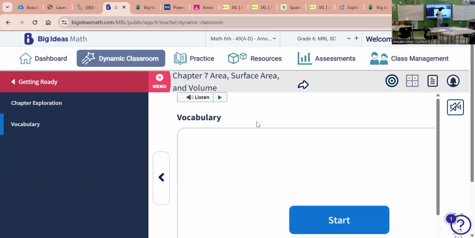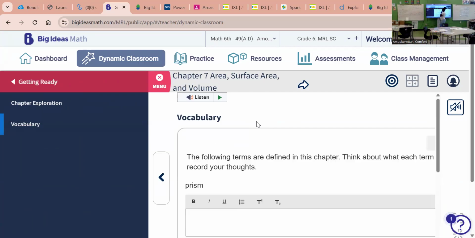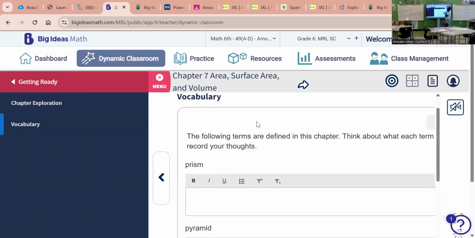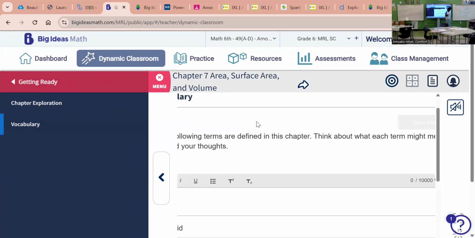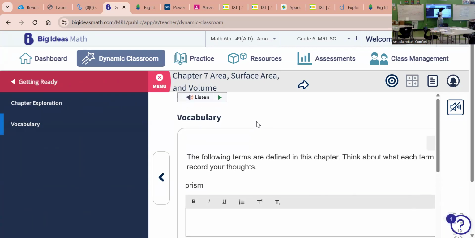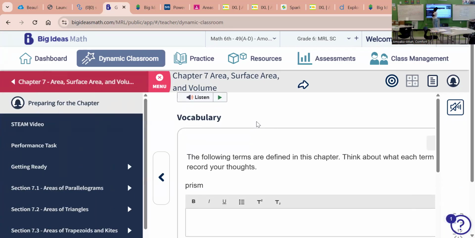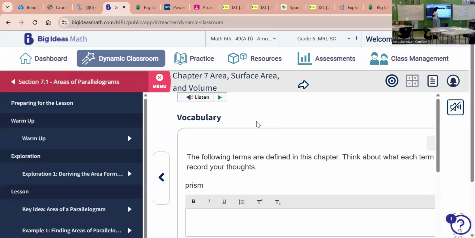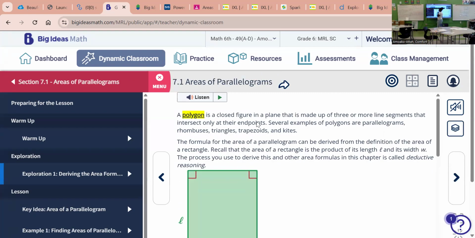Our key vocabulary here is polygon. So we are on the areas of parallelograms. All right. The homework activity is there, the exploration. That is how to derive the formula.